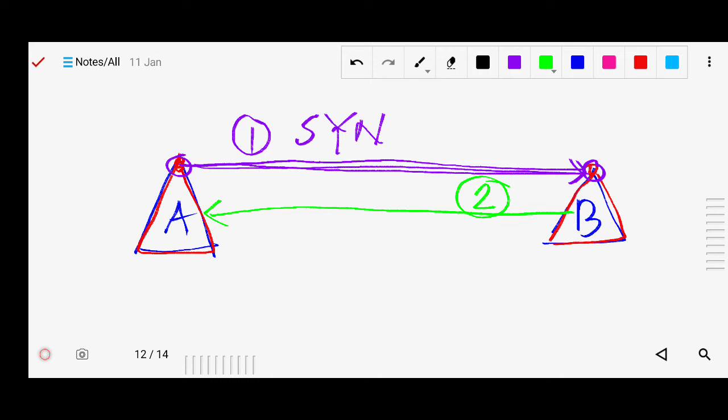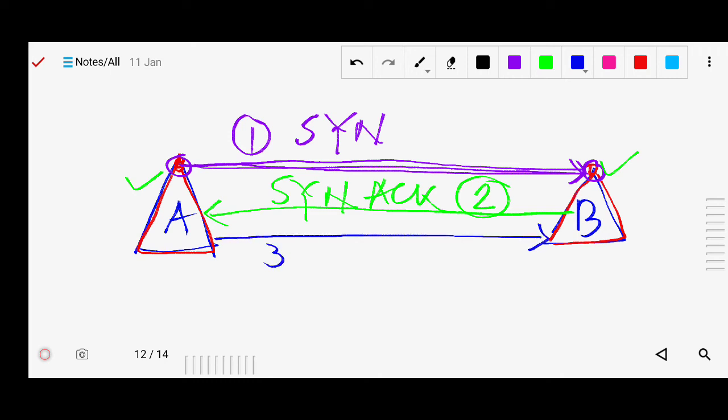That is called the synchronization acknowledgement. When the first call is received, the acknowledgement comes. Then, as we generally say hello, that is the third part, the acknowledgement received. So these three processes are done while connecting two devices.